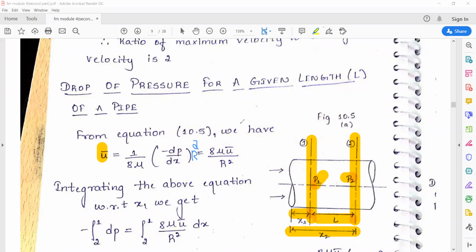In the next step, they have kept minus dp on one side. Minus dp is equal to 8 mu u bar into dx, and dx is missing in this expression, divided by r square. If r square is on this side, it becomes divided by r square. So in the next step, you can write minus dp is equal to 8 mu u bar by r square into dx.